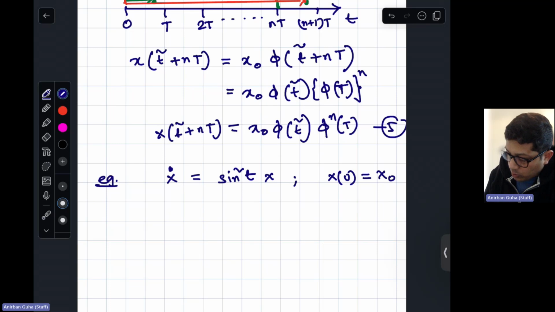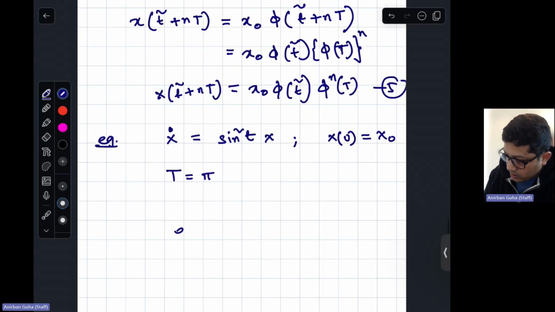What is the period of sine square t? The period of sine square t is pi. So capital T is pi.